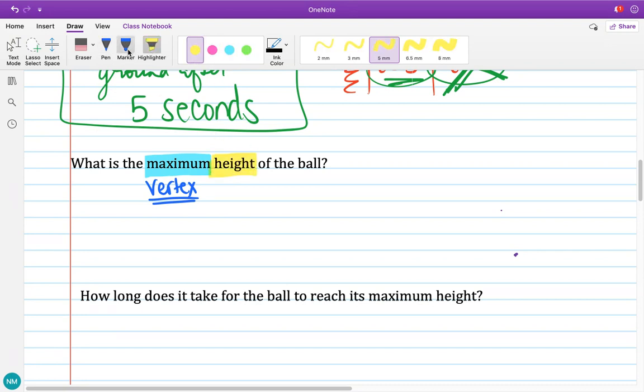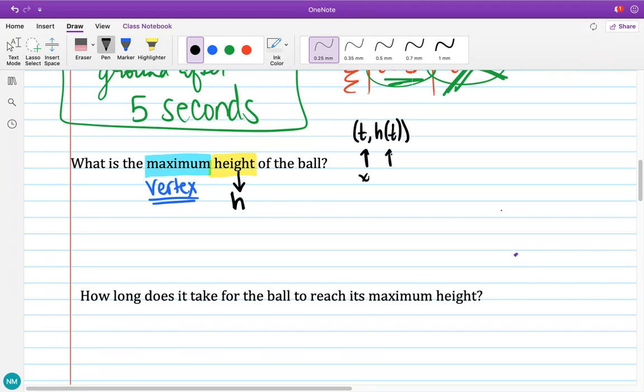Height is telling me that I need to find what? H or T. It's an H value. So that means I need to find the y value, right? Because right now we're dealing with t and then h of t. That's my x and that's my y. So h of t is what we're dealing with here.